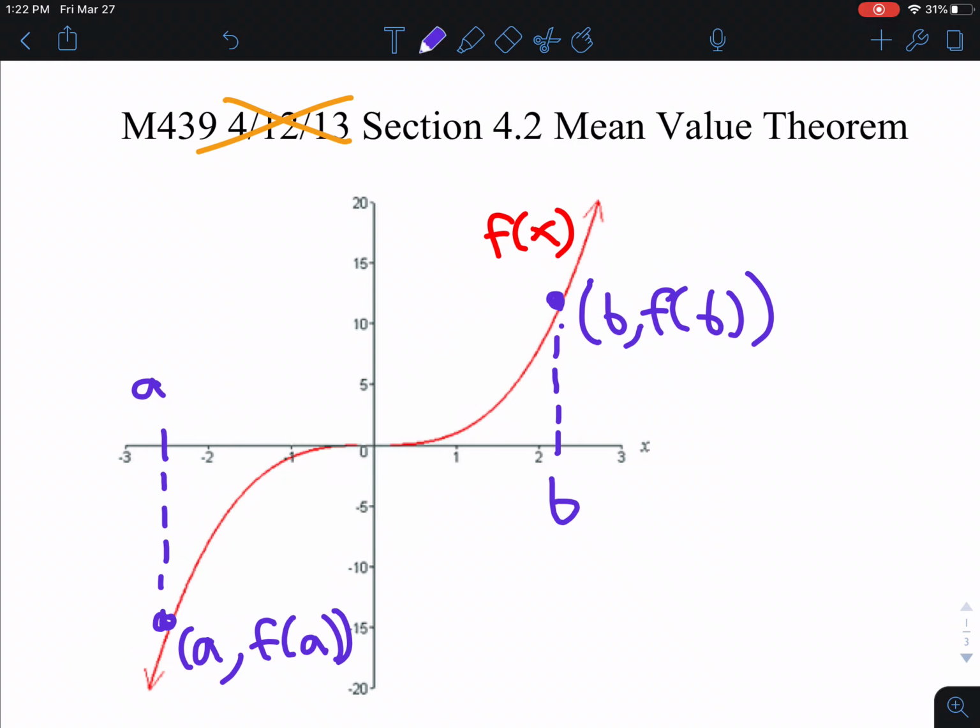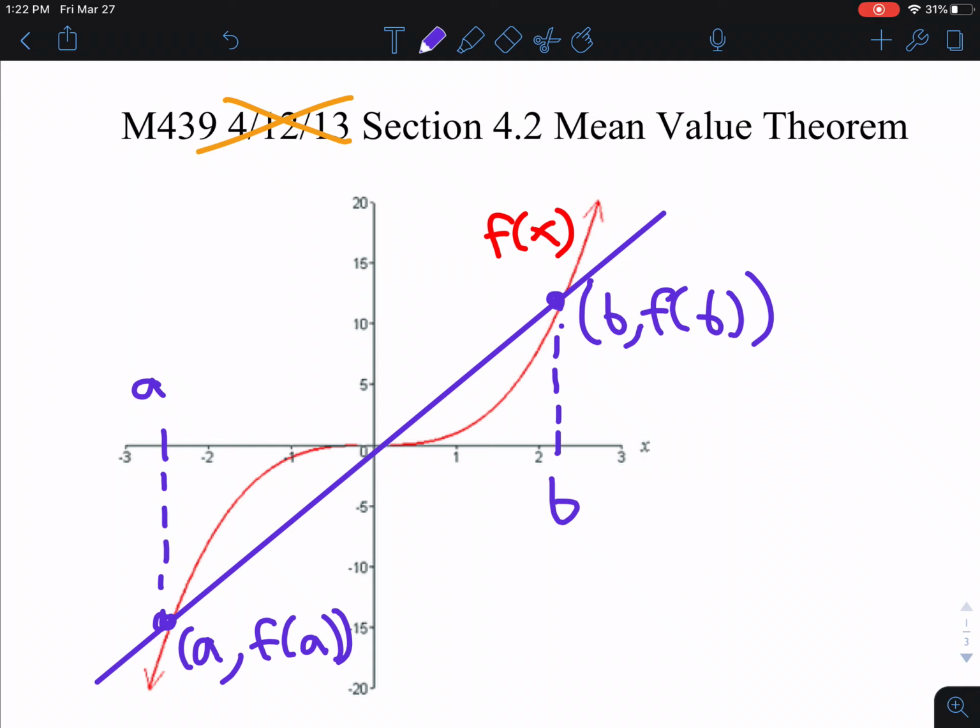Let's try again. These 2 points. Here we go. That looks better. Okay. So the slope of the line that connects these 2 points is called the average rate of change, right? The slope of the secant line, we also call this AROC for short.